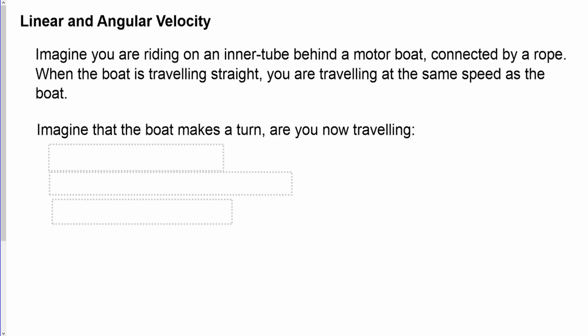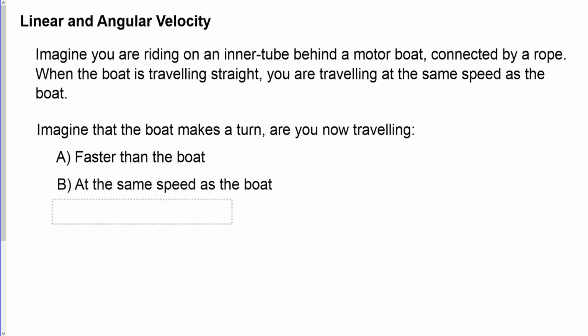Now, imagine that the boat makes a turn. Are you now traveling faster than the boat, at the same speed as the boat, or slower than the boat? If you really think about this, the boat probably would have to slow down in order to make a sharp turn.